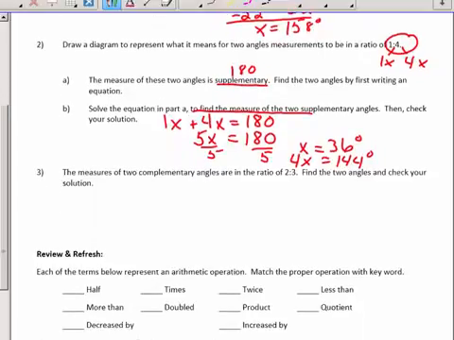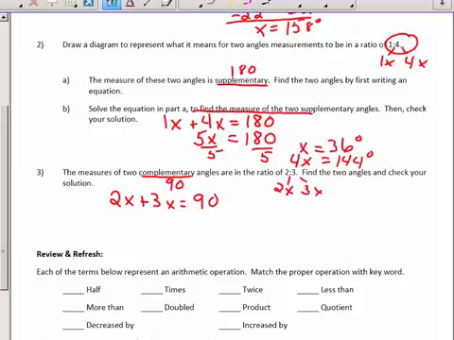Okay, next. The measures of two complementary angles are in the ratio of 2 to 3. It tells me complementary, that means 90. 2 to 3 means I'm going to do 2x and 3x. So now I can write my equation. 2x plus 3x equals 90. Put my x's together, combine like terms, 5x equals 90.